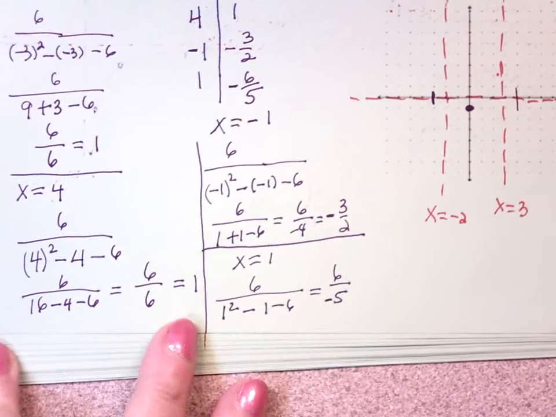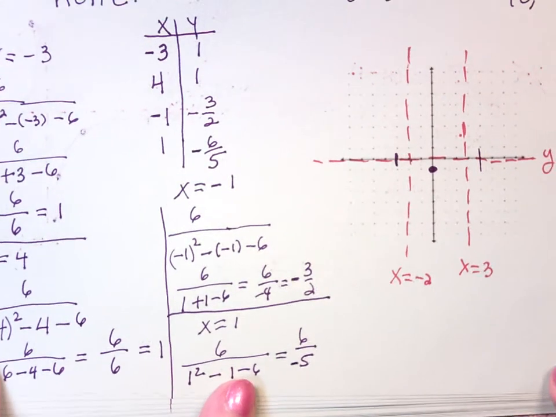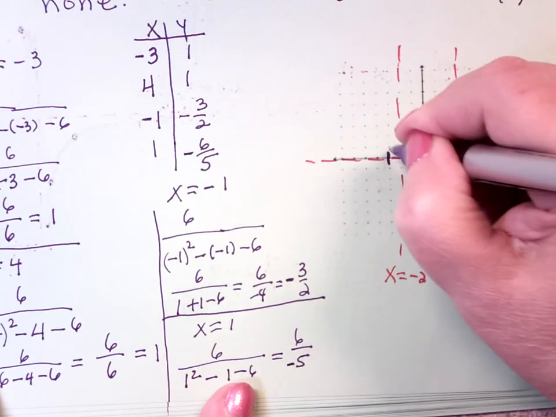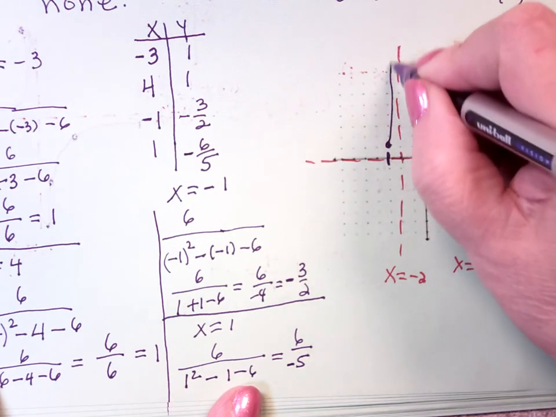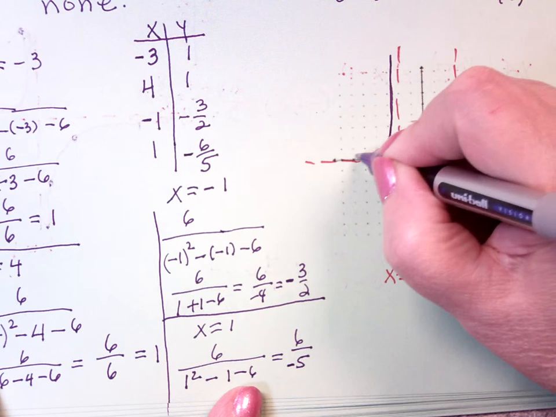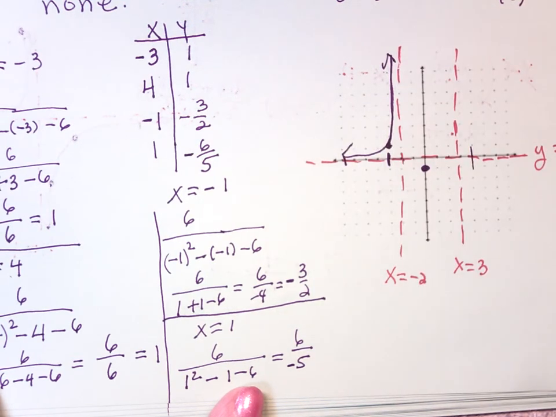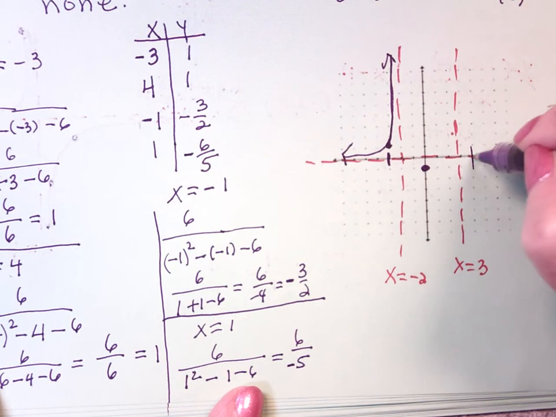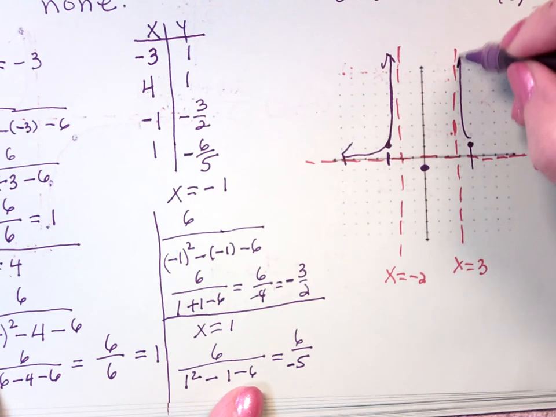Now this gives me the information I need in order to do this graph. If x equals negative 3, y equals 1, that tells me that the graph is here. And if x equals 4, y equals 1, that tells me the graph is on this side.